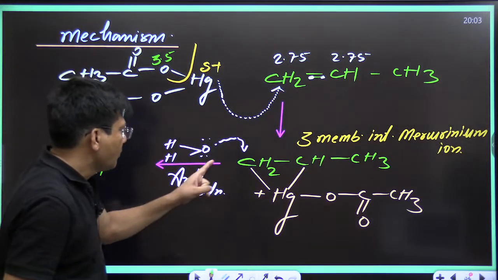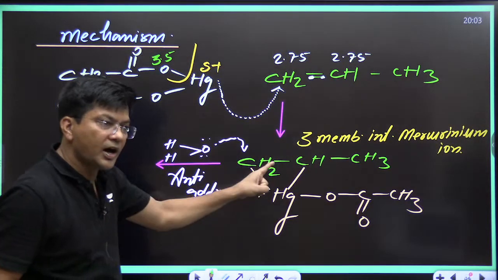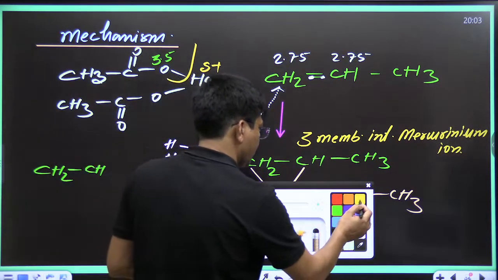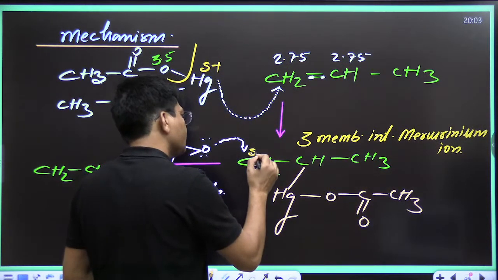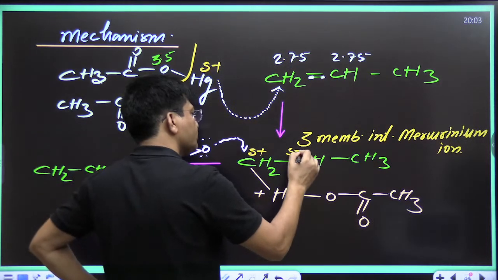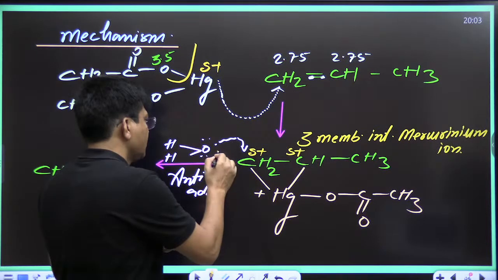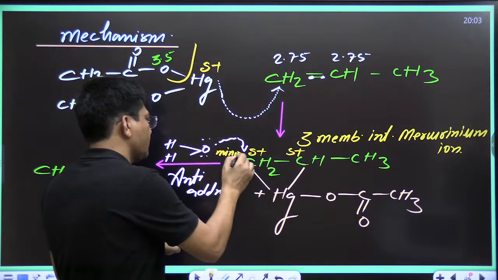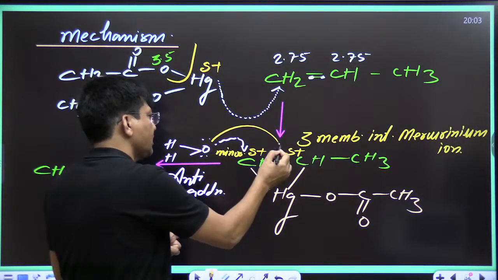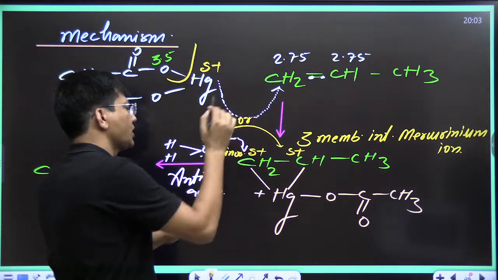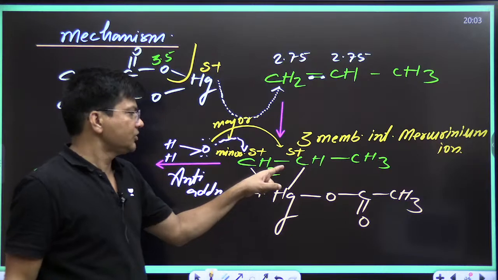Now kids, on this carbon or that carbon, which carbon will this water attack, let me show you. And that is the important thing. This carbon is 1 degree carbocation and this carbon is 2 degree carbocation. Water will attack here for minor because this is the less stable carbocation, and it will attack there for major because that is more stable, not a pure carbocation, but yes, a little bit of charge is there.